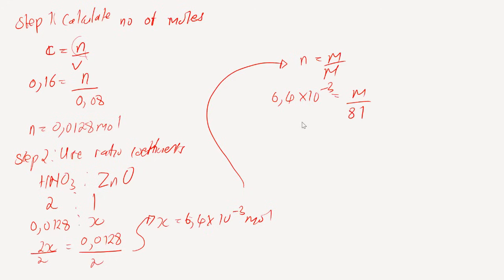When we cross multiply, we get a mass of 0.52 g. And just like that, you have your 5 marks.